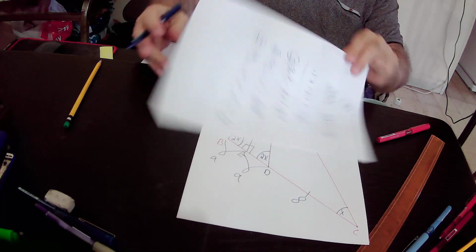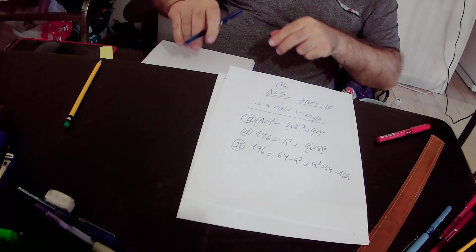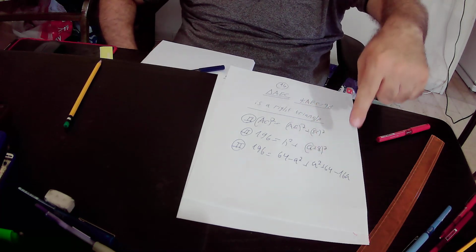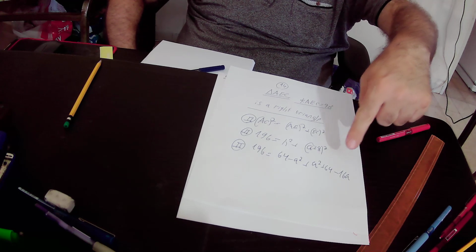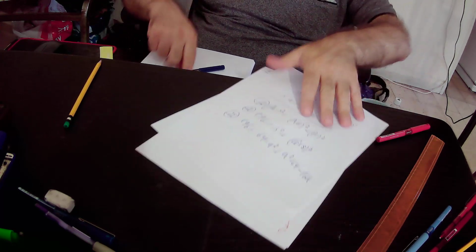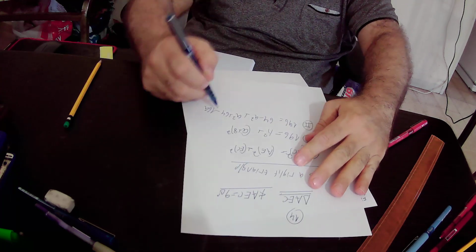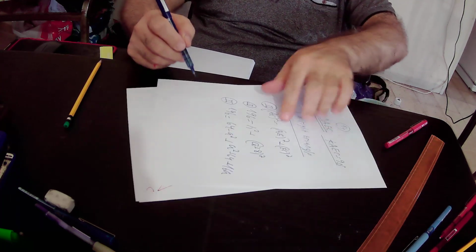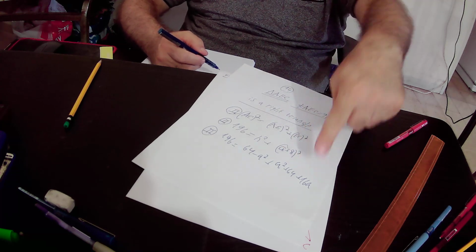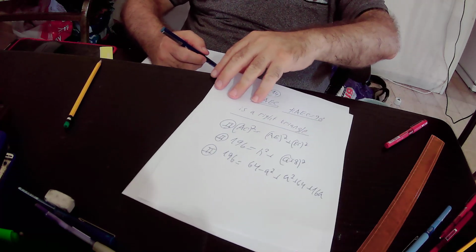Okay, in total we got that 196 equals 64 minus A square plus A square, plus 64 plus 16A, because (A plus 8) square is A square plus 64 plus 16A.